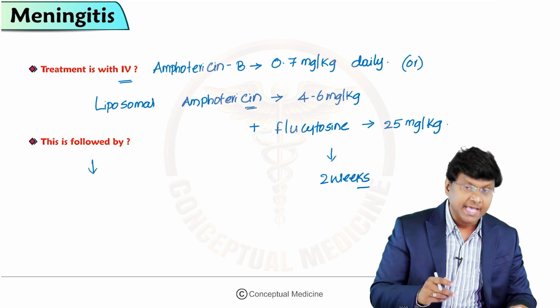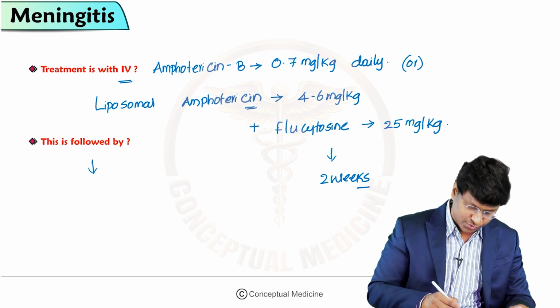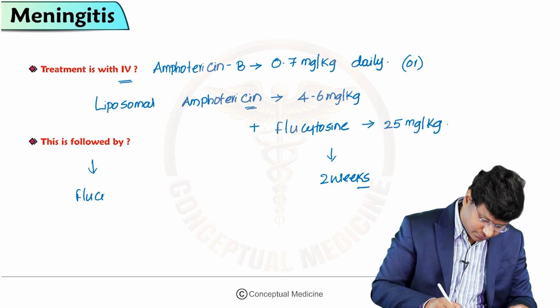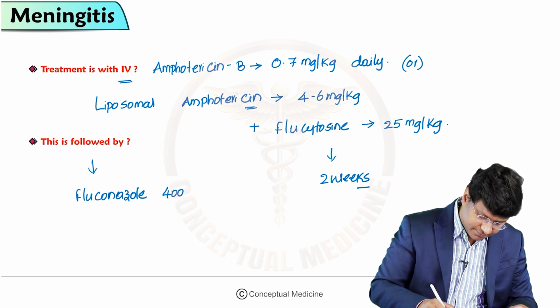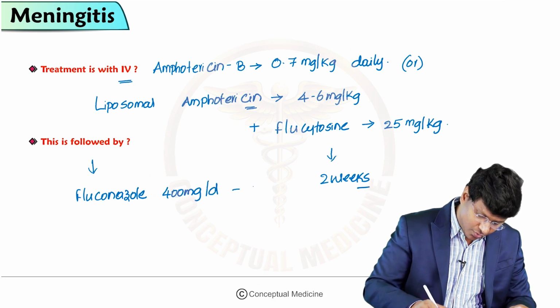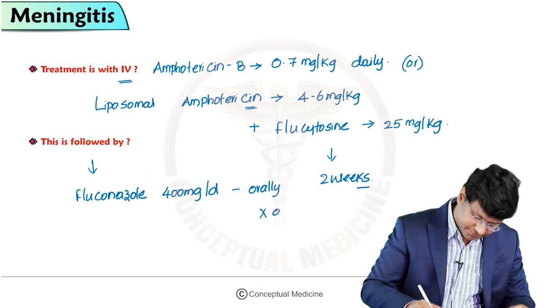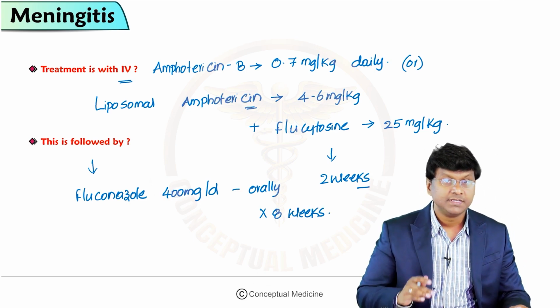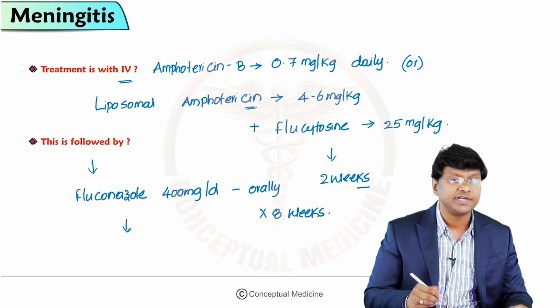And amphotericin B plus flucytosine should be followed by fluconazole. The fluconazole should be given at 400 milligrams per day orally for 8 weeks. And followed by that, you need to give fluconazole 200 milligrams per day.